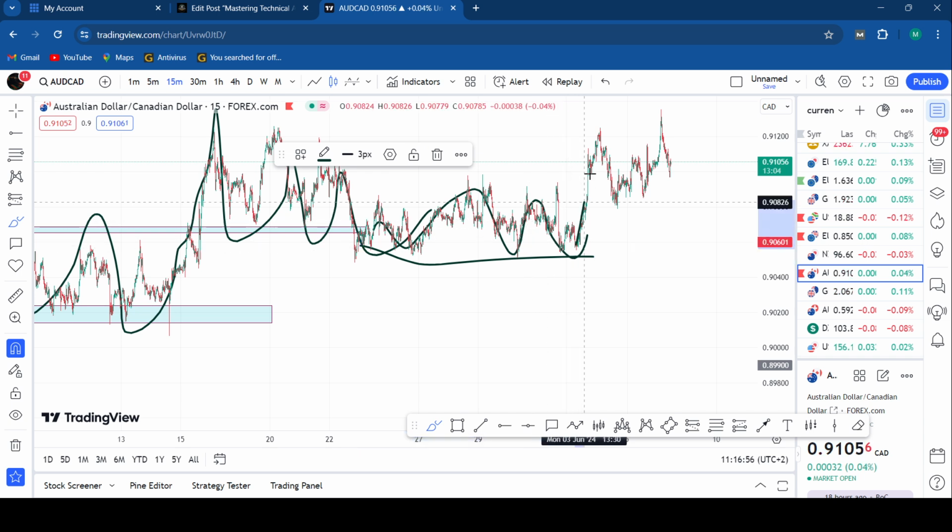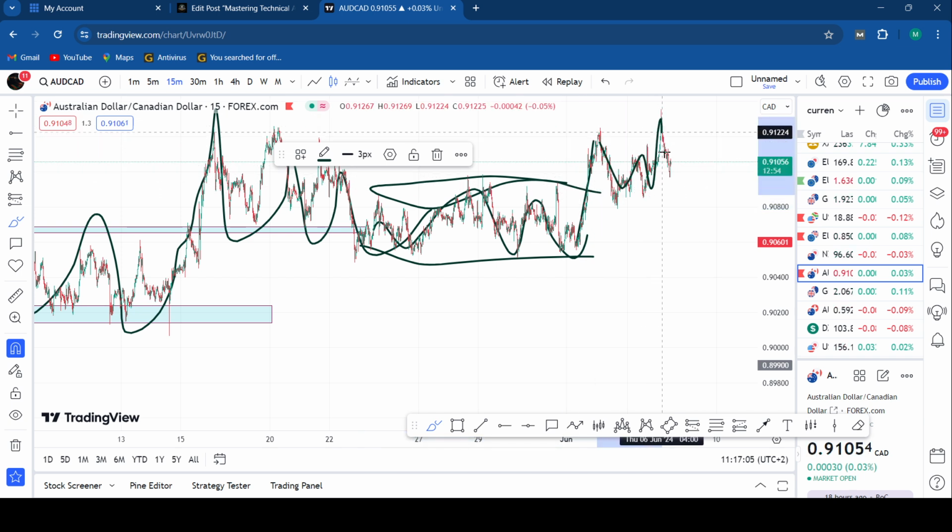Then we finally had impulses breaking this correction right here. We had impulses. Now the market is creating impulse correction moves.